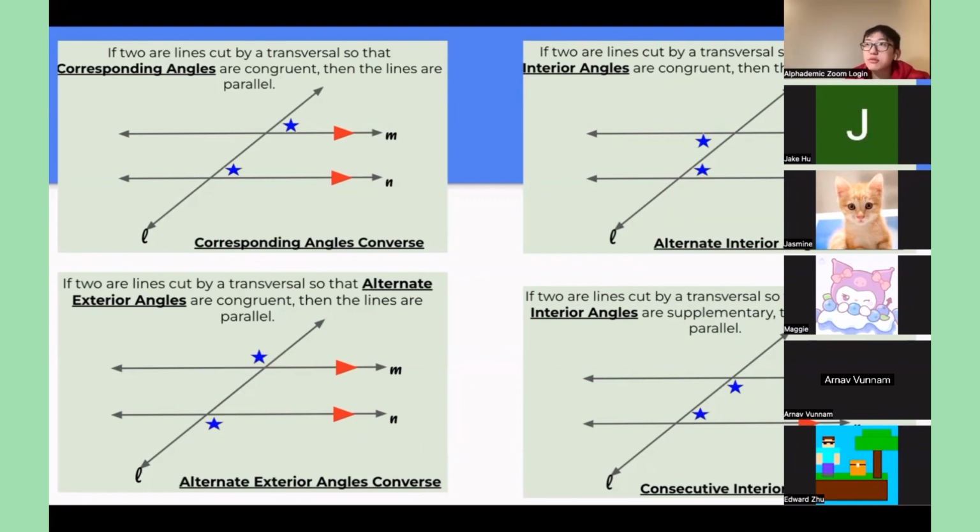A transversal, like was mentioned in the previous few slides, is just a fancy term for a line that crosses two or more other lines at one point. That's basically what a transversal is. I know geometry likes to give these different kinds of lines very fancy names, and it's kind of hard to keep track of, but it'll come with time and practice.